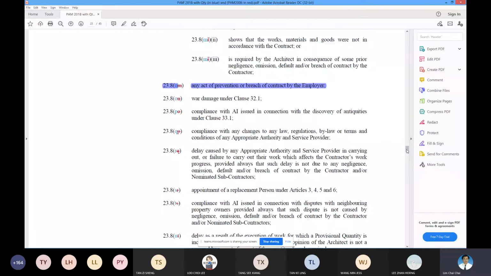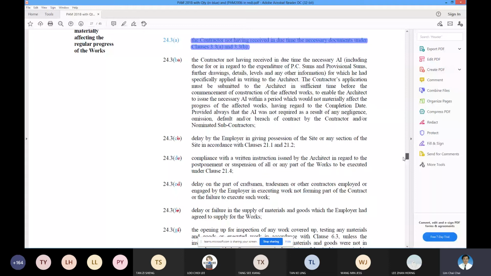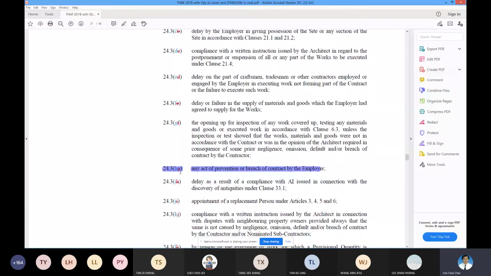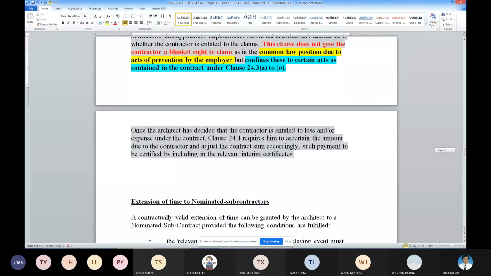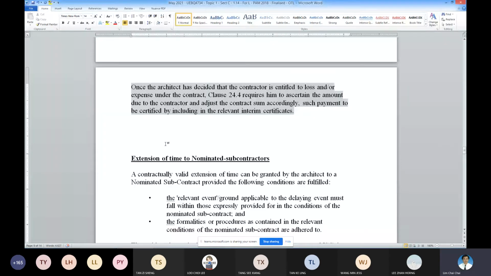See how they are linked? When you compare the two, you know the linkage already. So this is how you link between the extension of time and the loss and expense entitlement.